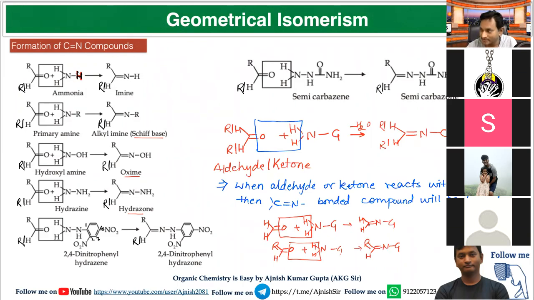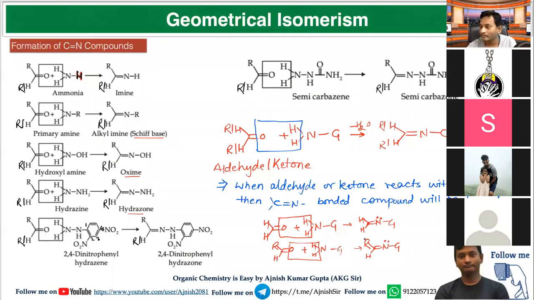Now, think about the differences. In the first case, this end has both hydrogens the same, but here the nitrogen has different substituents. In the second case, this carbon has different substituents, hydrogen and an alkyl or phenyl group, and this nitrogen also has different substituents.